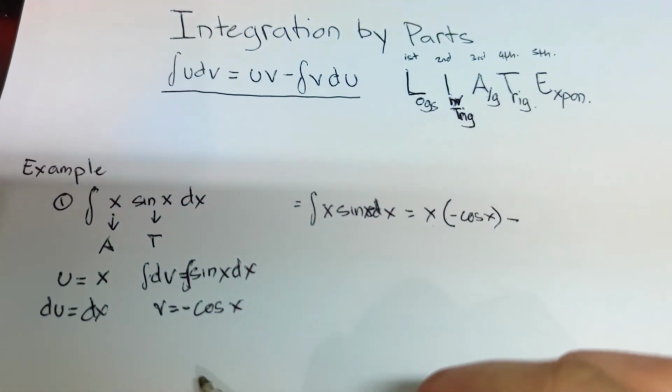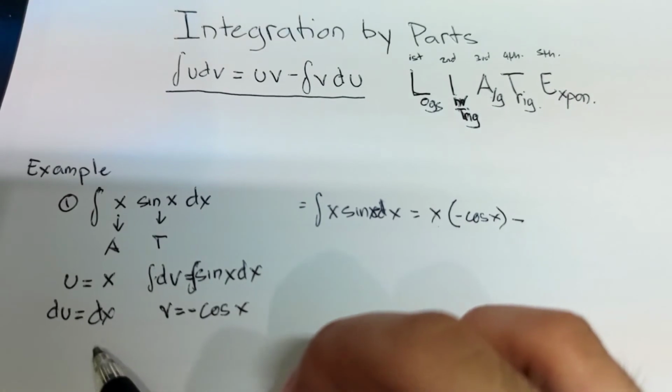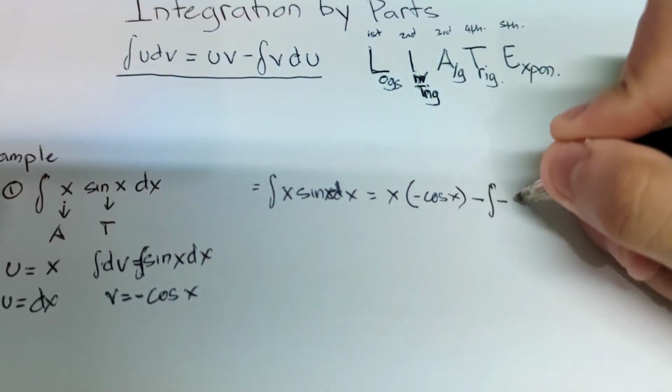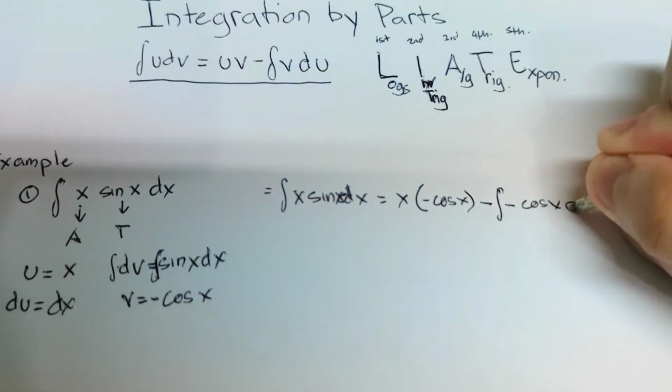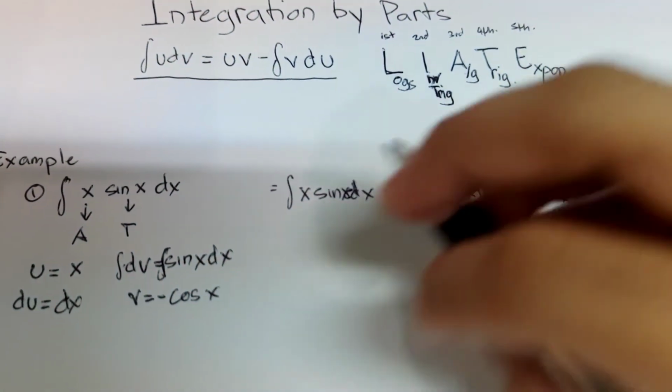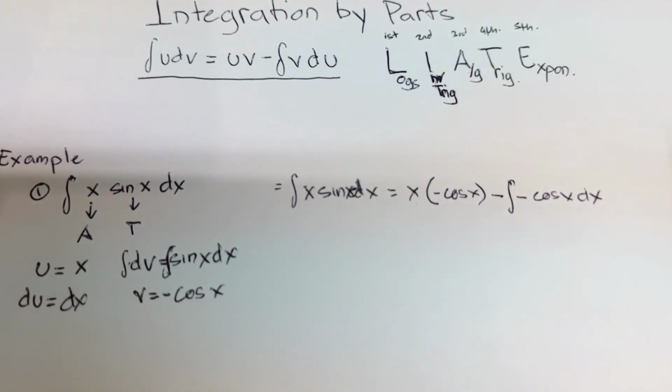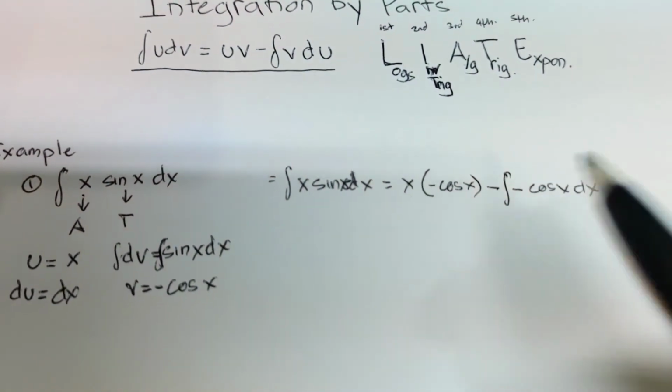So our v is negative cosine x, and the integral of negative cosine x dx. So we just follow this formula to solve.